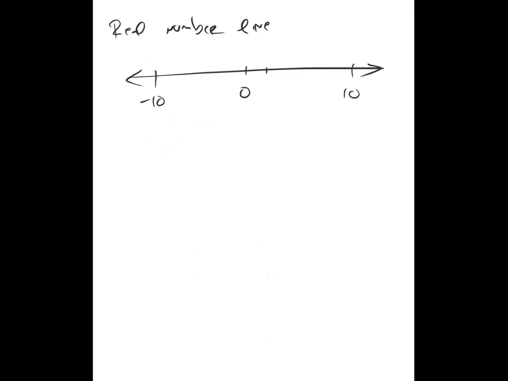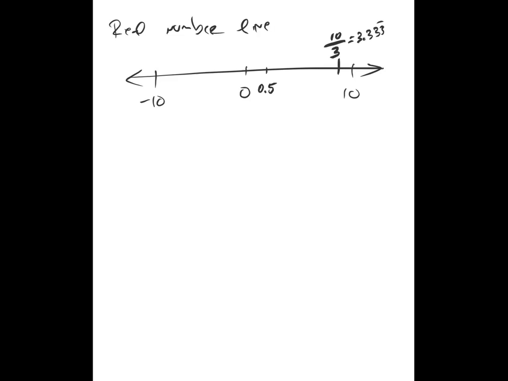Even something like 0.5 is a real number. How about 10 over 3, which gives us a number like 3.333? We can still find that number on the number line.